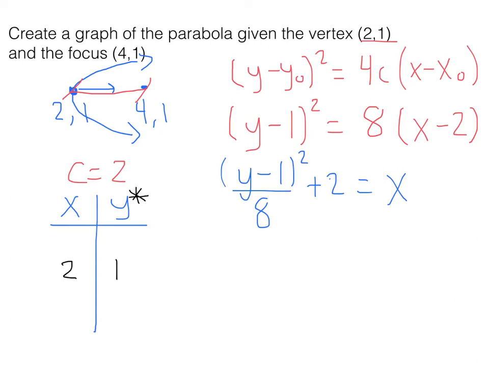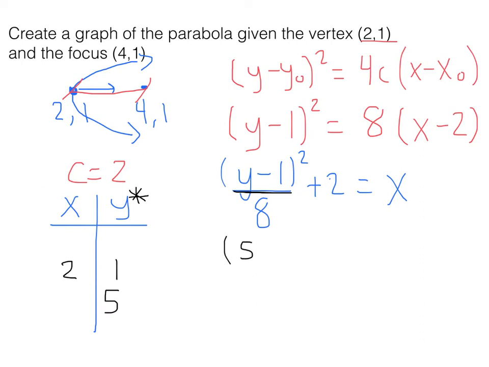So I'm going to take a look at my equation, and you get to pick whatever number you want to plug in. And I personally like to avoid fractions, so I'm going to take a look at this equation here. And I know if I square 4, I'm going to be able to divide that by 8. So the number I'm going to plug in here is 5.